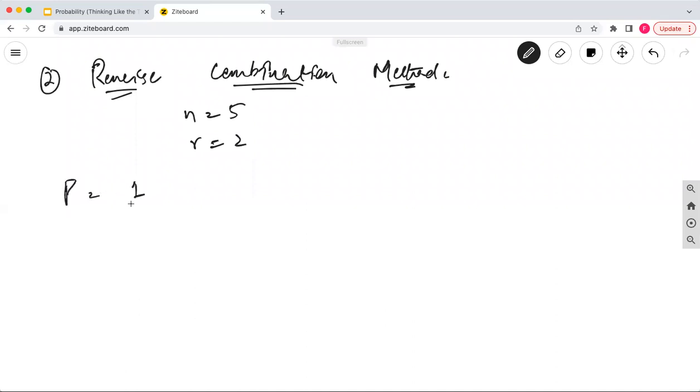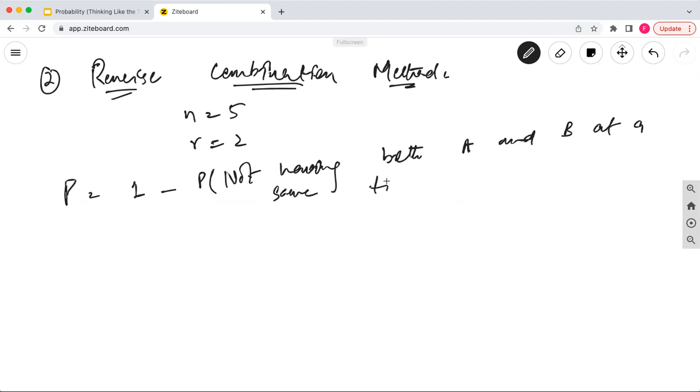Probability is 1 minus the probability of not having both A and B at the same time. So now tell me, if I want to make a committee in which I can't include both A and B at the same time, then in how many ways can I do that?